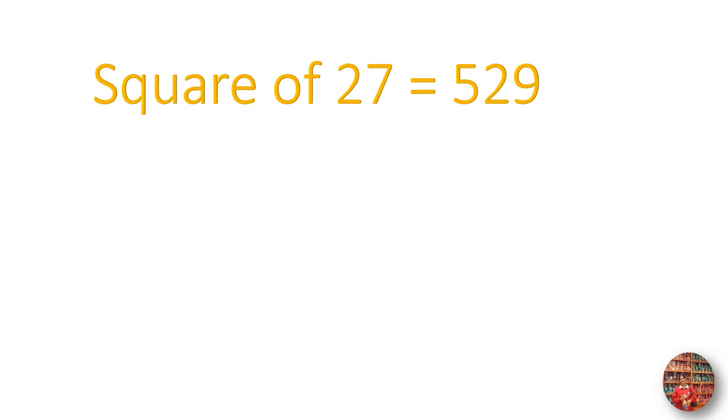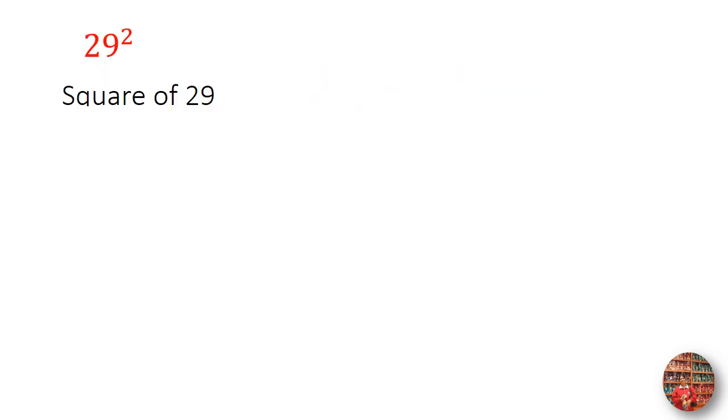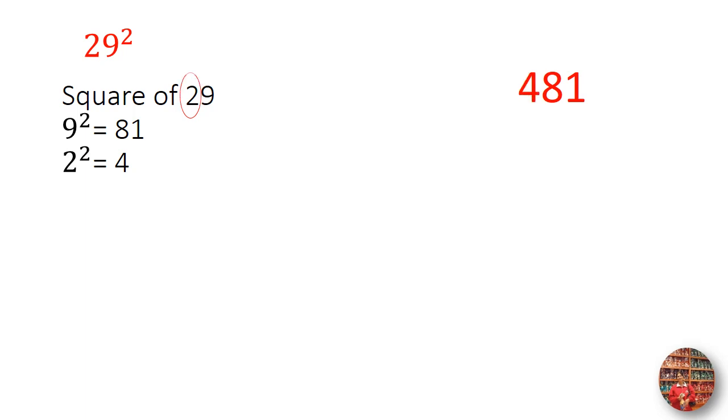Let us take another number, square of 29. So take 9 square, 81. What is left? 2. 2 square is 4. So it is 481. Now multiply 2 with 2 and 9, that is 2 into 2 into 9, which will be 36.